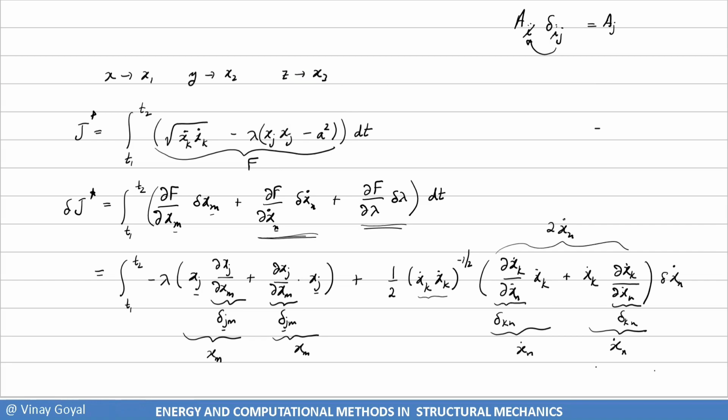And so then I finally have also the Lagrange multiplier here, which just gives me simply, when I do that, I get minus xj minus s squared del lambda. And the whole thing here is in a mega parenthesis dt equals 0.